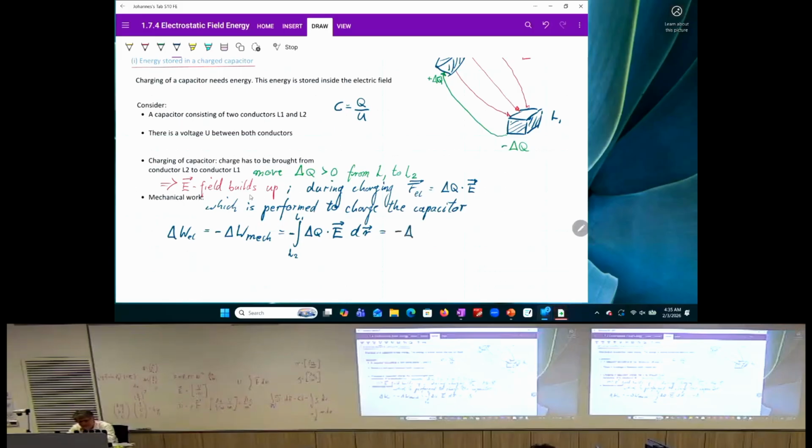The charge is not changing along that process. Every time you move another delta of charge, it will be this same type of delta of charge, but your electric field changes eventually.